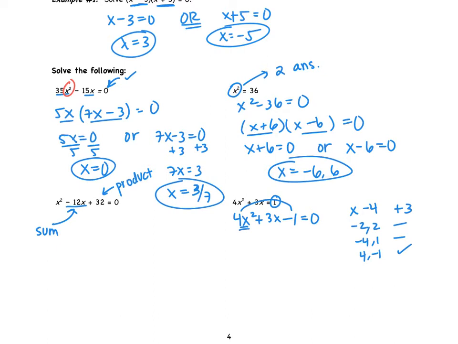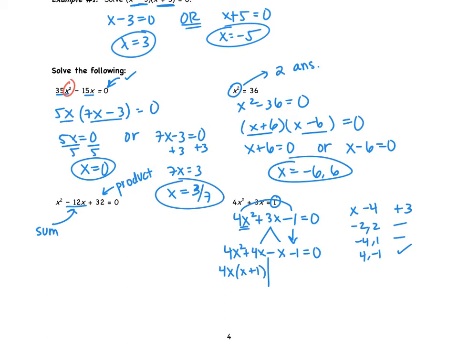So again, don't miss this step. We are splitting the middle. That tells us what to do. This middle term is split into 2. It's going to be 4x minus 1x. Bring down the first term, bring down the last term. Out of the left side, I can factor out a 4x, and I'm left with x plus 1.